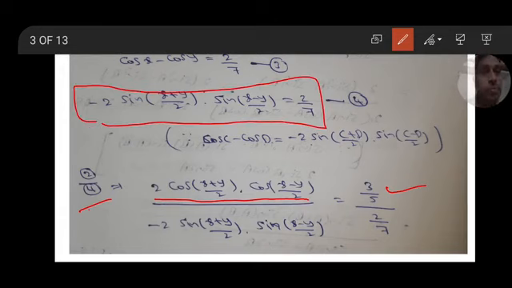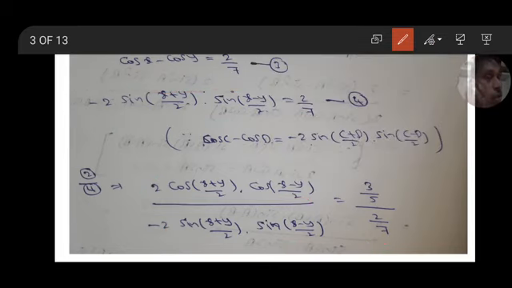We have to divide LHS and RHS separately. The fourth equation is minus 2 into sin of (x plus y) by 2 into sin of (x minus y) by 2 equal to 2 by 7. Only the 2s cancel out, and the remaining terms stay the same.